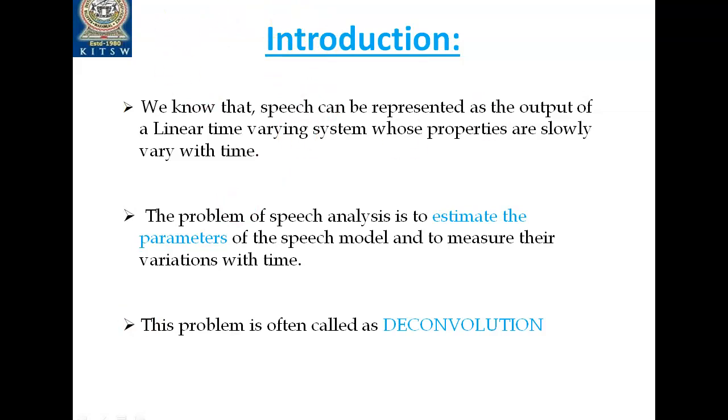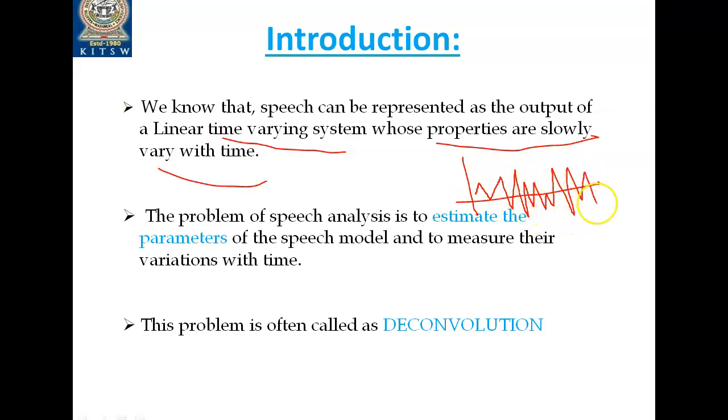So it is a time varying system whose properties vary slowly with time. When you take the pictorial representation of that signal, it could be something like this, over a period of 5 seconds for instance, and this is the way the speech signal varies according to time.